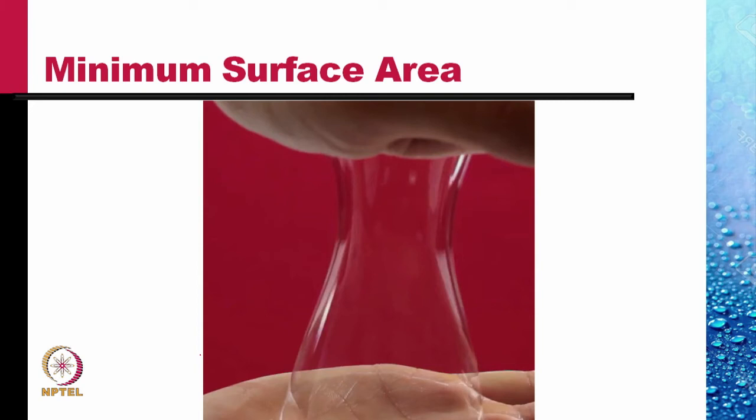This is because surface tension results in stored energy in the film, and the surface acquires a shape with the minimum energy, and that minimum energy occurs when the surface area is the minimum. So this surface is the minimum surface that is formed with the amount of air that we had in those two bubbles.